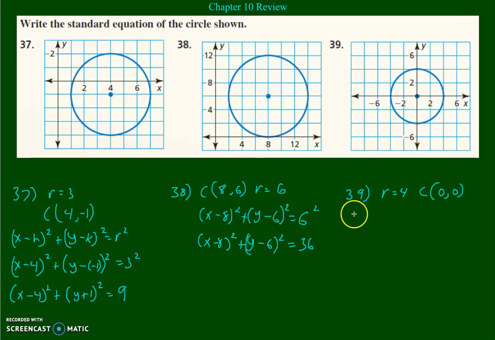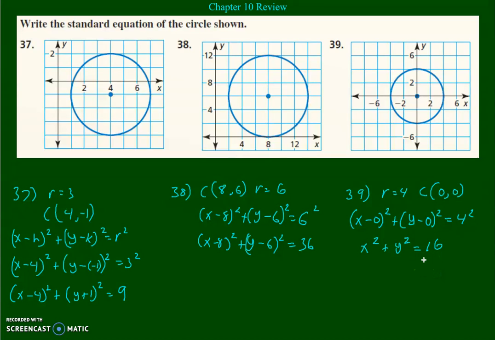Substituting in, we have x minus 0 squared plus y minus 0 squared equals 4 squared. This works out to x minus 0 is just x, so that's x squared. y minus 0 is just y, so that's y squared, equals 4 squared, which is 16.